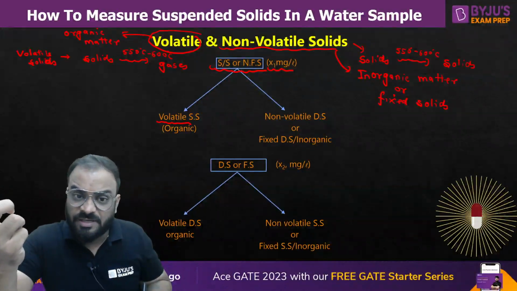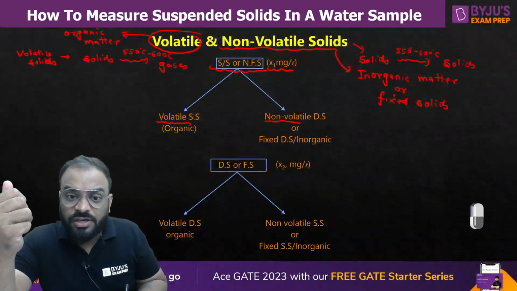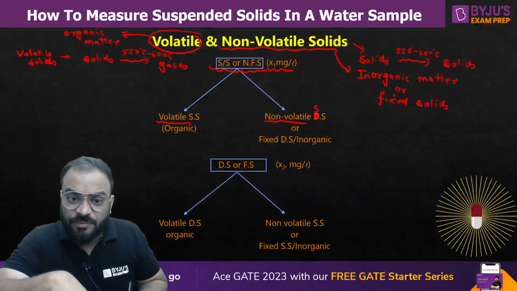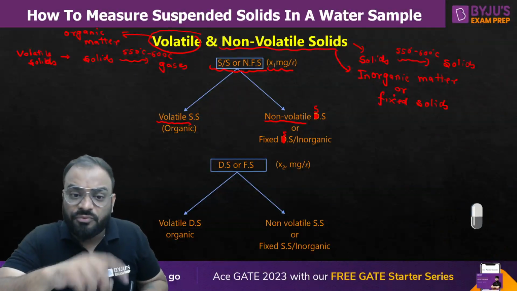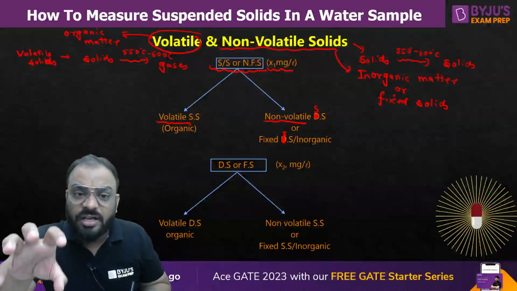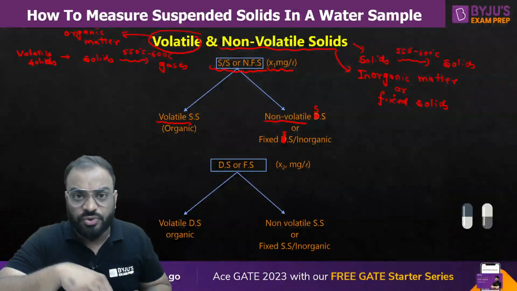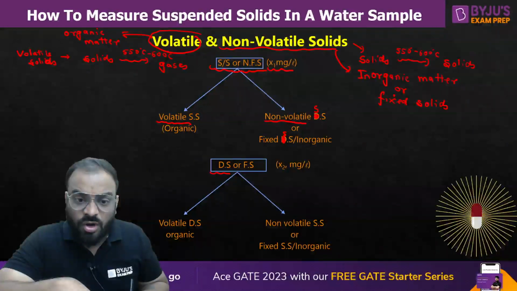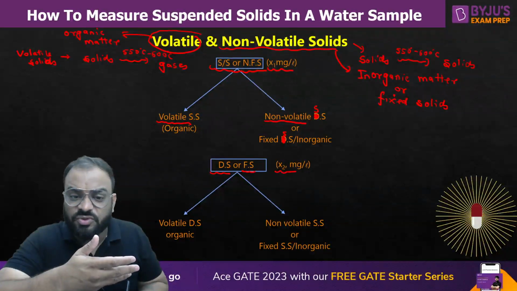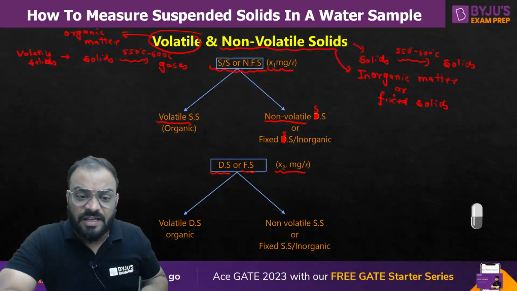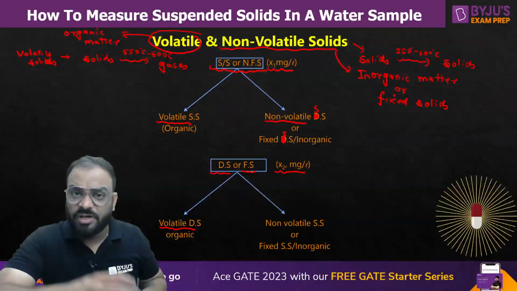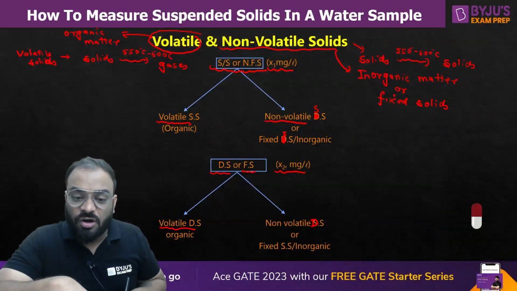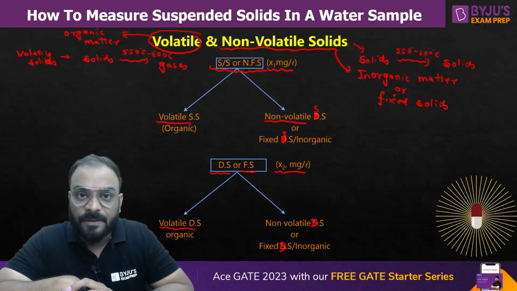One is volatile suspended solid and the second one is non-volatile suspended solid, or you can use the word fixed suspended solid or inorganic suspended solid also, right? Similarly, we can define the dissolved solid or filtrable solid, let us suppose x2 milligram per liter. It can be volatile dissolved solid and non-volatile dissolved solid or fixed dissolved solid, right?